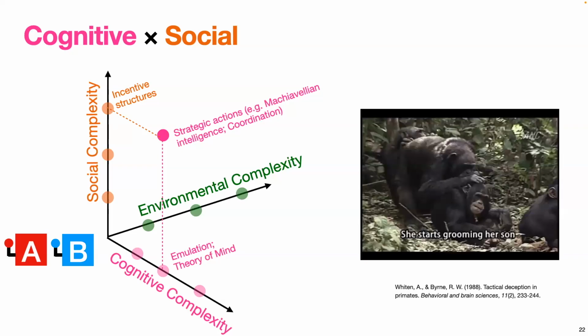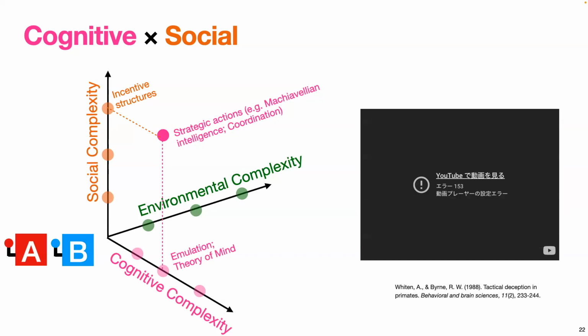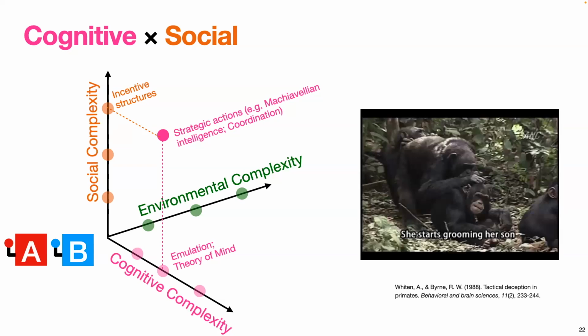Yeah, and also social and cognitive complexity could easily interact. This is a kind of famous YouTube video showing that. These are interactions between a chimpanzee mother and son.